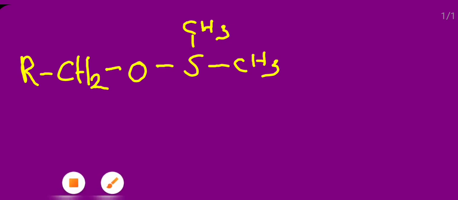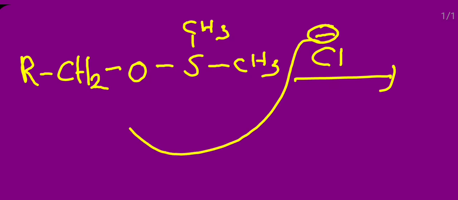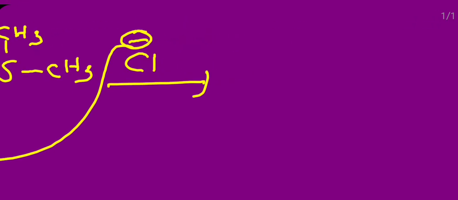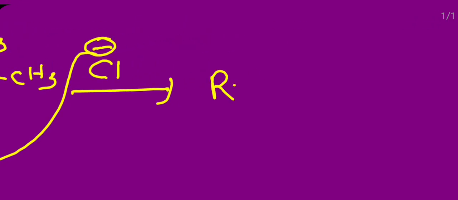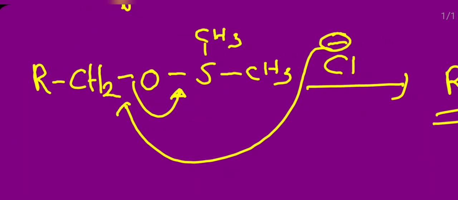We will follow this step: the Cl, which was removed, will act as a nucleophile over this, and this group will be free from here. Simple substitution will occur and we will get our product as RCH2Cl. This is a substituted product, by substituting the alcohol with Cl. This is how the reaction looks in the absence of the base.